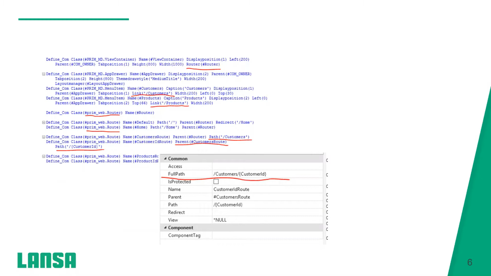What that means is that you're able to have a view container. You're able to have your views, and then you're able to have views within a view when it comes to routing and navigating your web application.